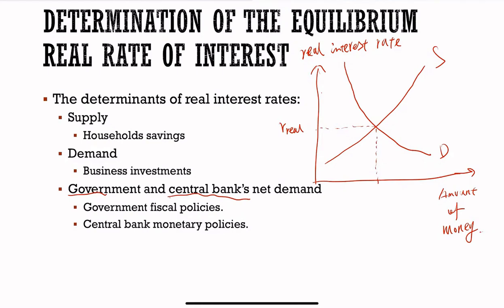So generally, central bank can use monetary policies to modify the money supply curve. So if the central bank wants to pursue a loose money policy or expansionary monetary policy, then the supply curve will actually move to the right. So this will generate a lower interest rate.